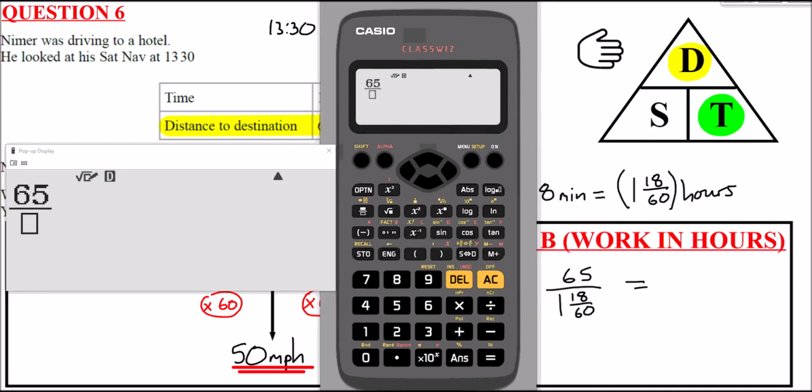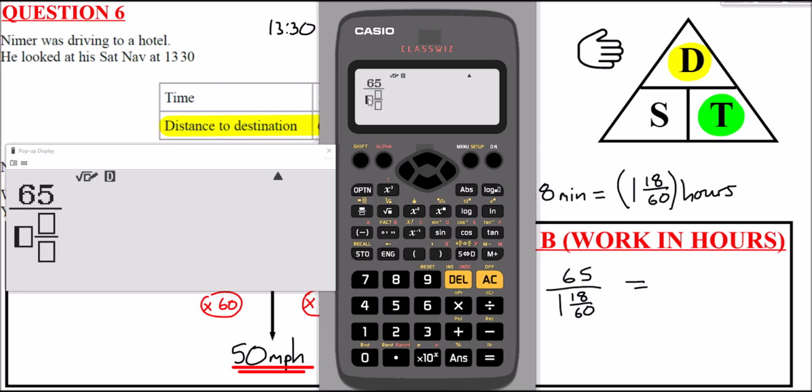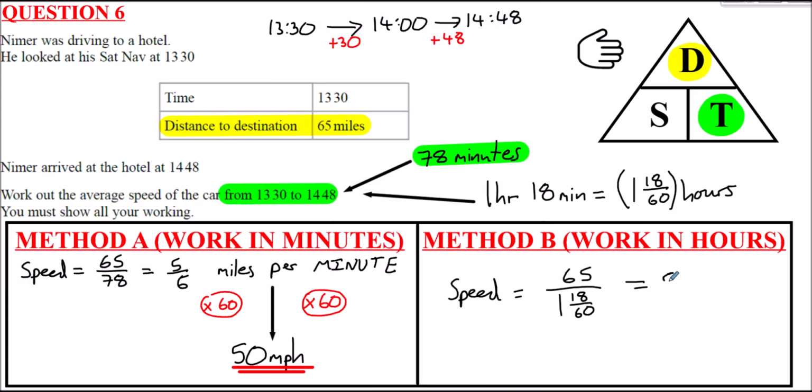Then the denominator, because it's a mixed number, there's actually a mixed number button on the calculator you might not be aware of. If we press Shift and then the fraction button, you can input mixed numbers. So we can have 1, 18 over 60, and press equals. And again, you still get 50 miles per hour.